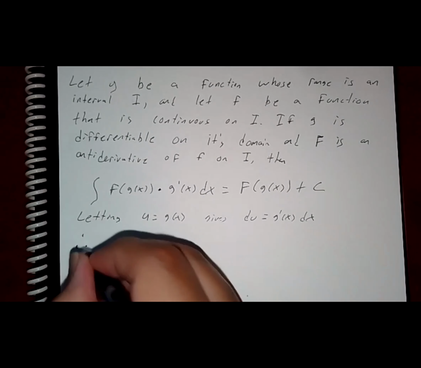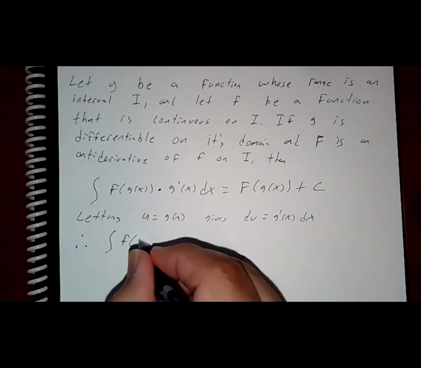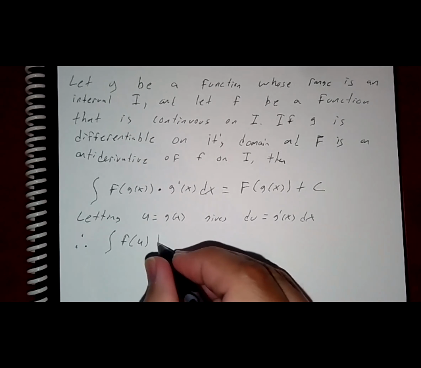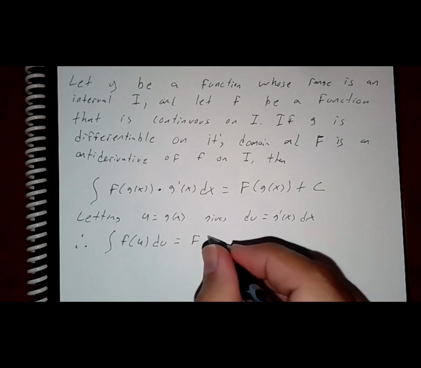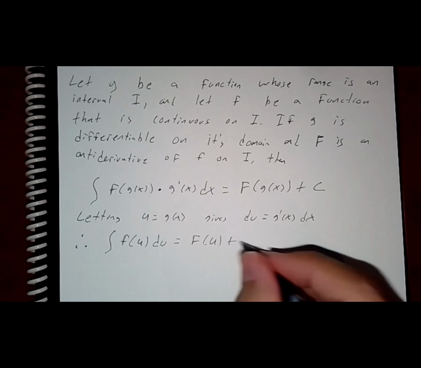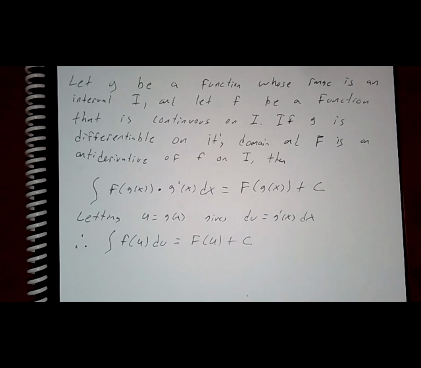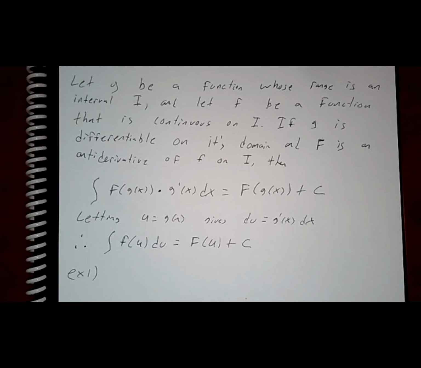Therefore, the integral of f of u du is equal to capital F of u plus C. So the question we'll first start with: can you identify the u and the du? And then we'll start applying it, okay?